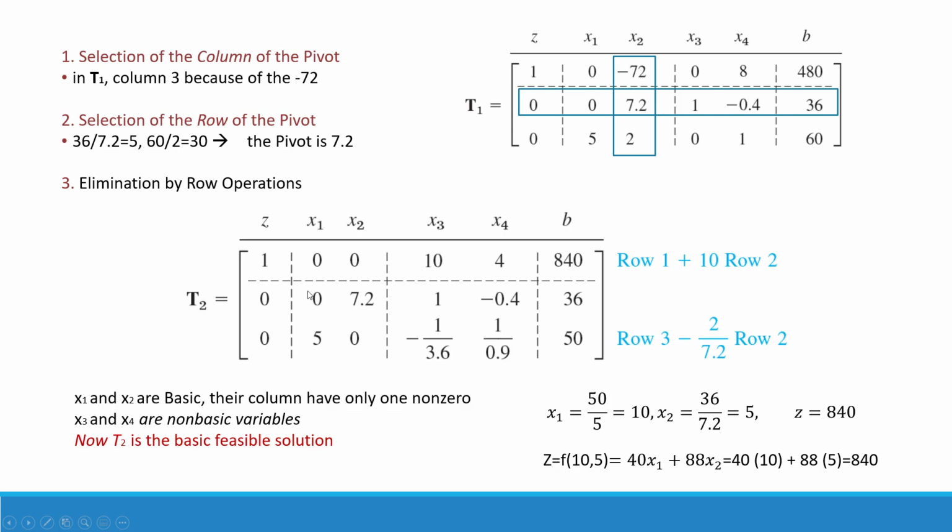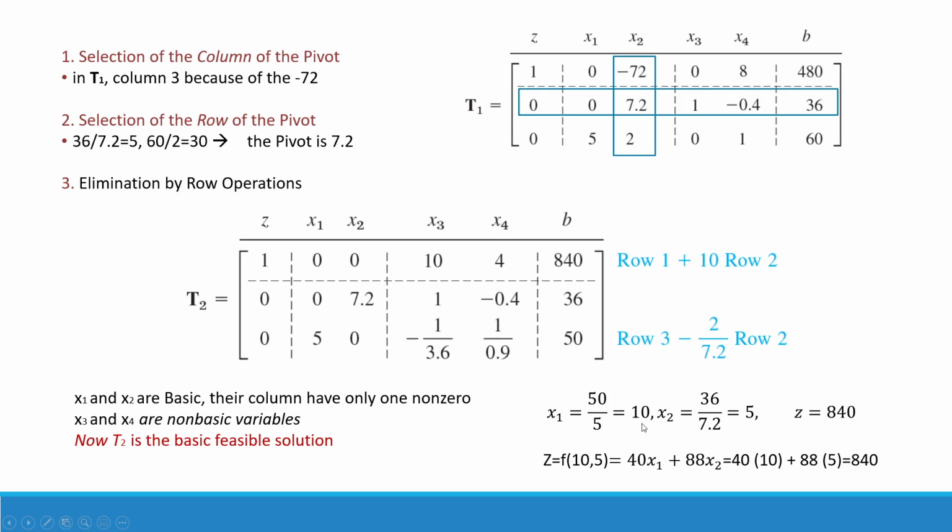Now we see that x1 and x2 are basic, meaning their columns have only one nonzero entry, and x3 and x4 are non-basic variables. For the final solution, we can get this equation: 7.2 x2 is equal to 36, so we get x2 equals 5, and 5 x1 is going to be 50, so we get x1 equals 10.